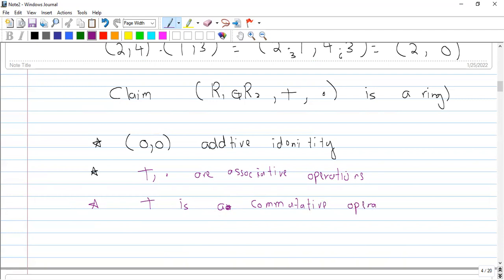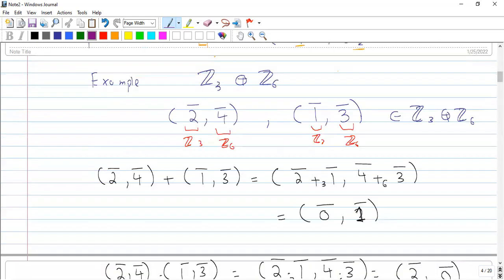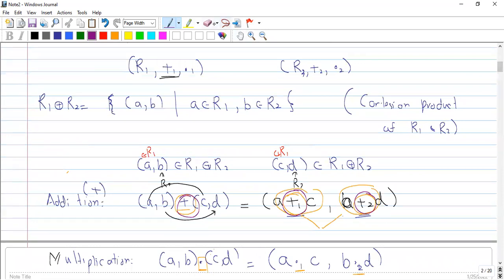Now again we can say the same thing about the distributivity. What is the point? If you want to show that the distributive property holds, how can you show it?